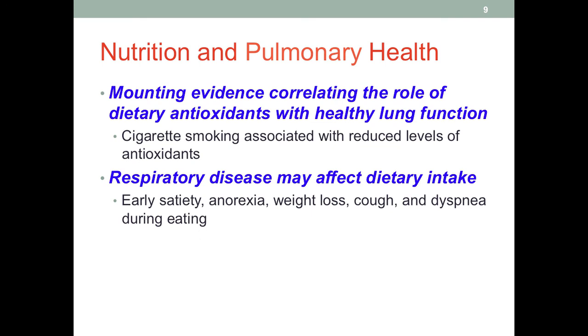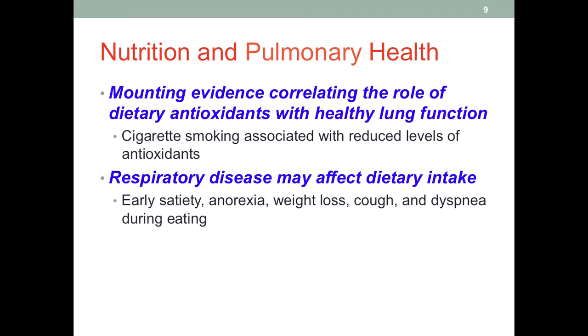And we have mounting evidence that connects the role of dietary antioxidants with healthy lung functions. So antioxidants, again, we're thinking vitamin C, vitamin E, a lot of minerals, selenium, and omega-3 fatty acids also have an anti-inflammatory effect.